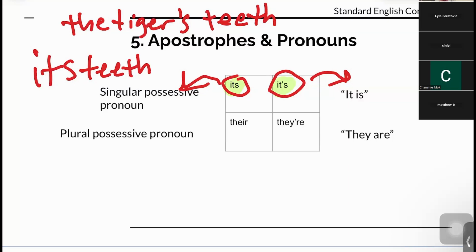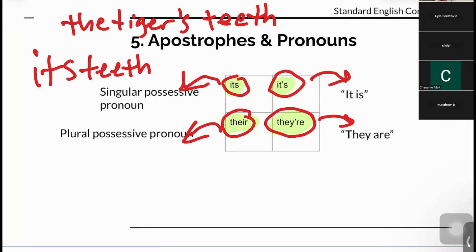And then the same general vibe applies to their, THEIR, and they're, THEY apostrophe RE. If you see an apostrophe in either it's or they're, that means it is two words: it is or they are. If you do not see an apostrophe in either its or their, that is the possessive form.